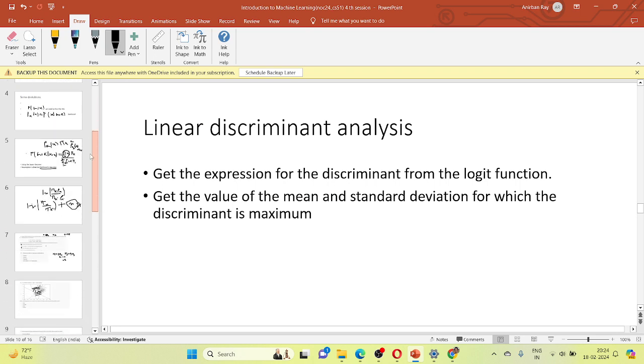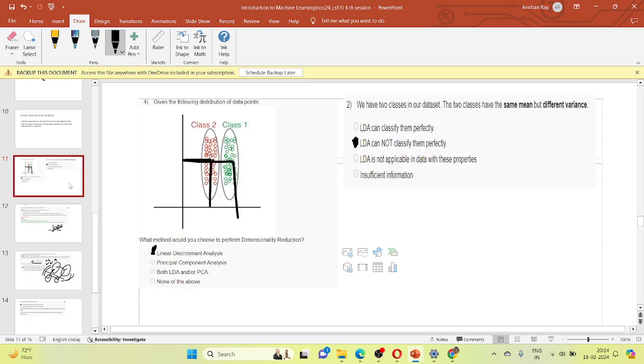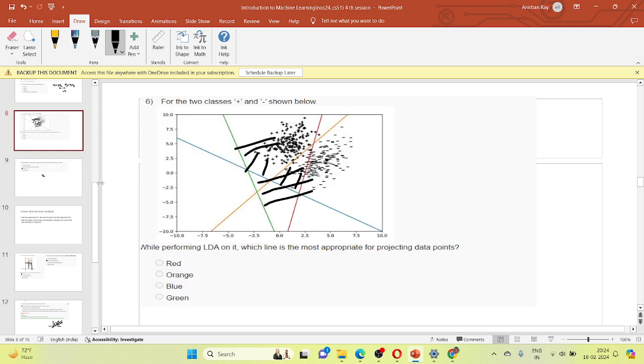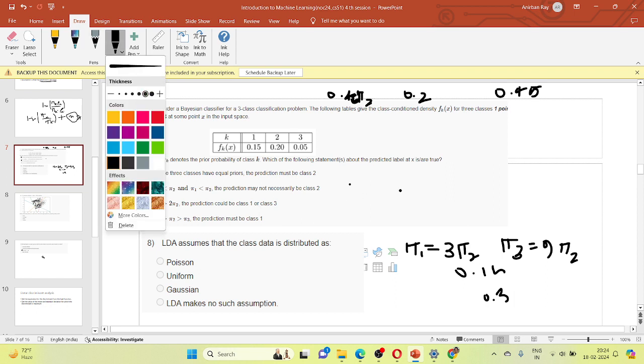Where is it? This is the one, right? I explained before as well.